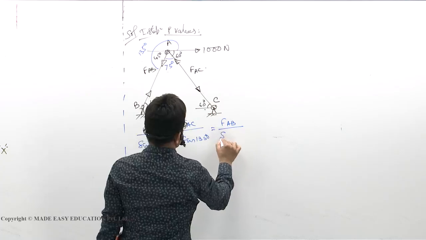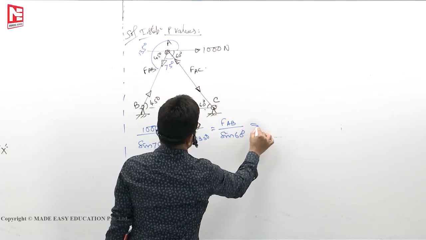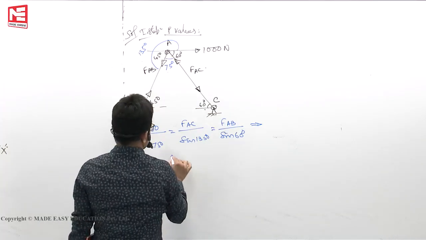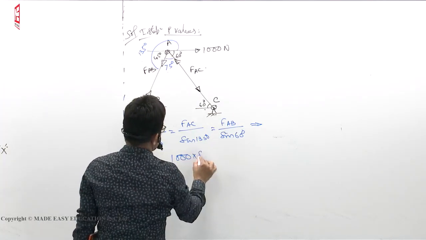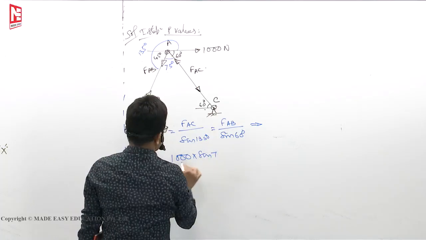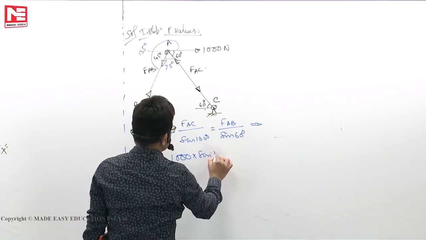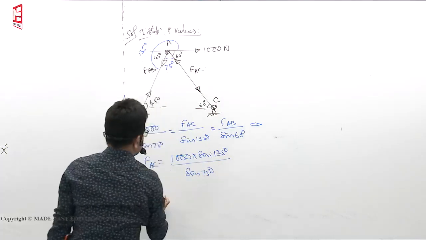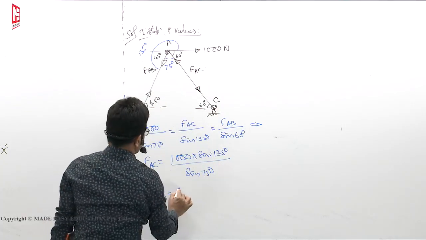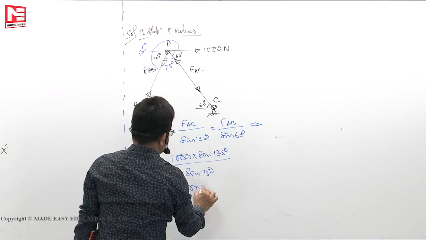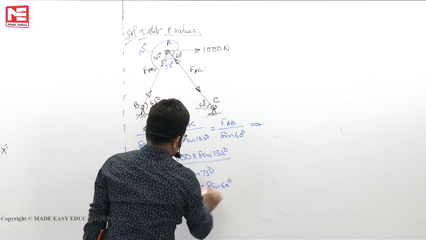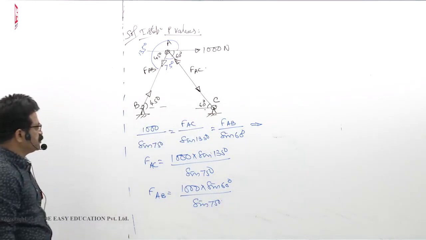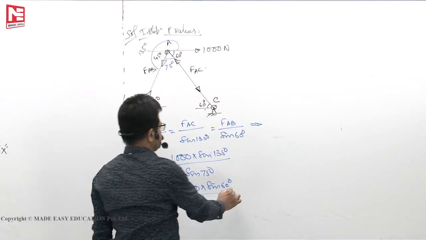Opposite is 60, sine 60. So from this you can calculate forces in both members. FAC is 1000 into sine 135 by sine 75. FAB is 1000 into sine 60 by sine 75. Like this, you will get the forces in members.